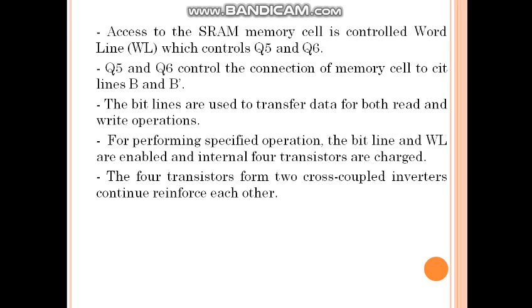The bit lines are used to transfer the data for both read and write operations. For performing the specified operation, the bit line and the WL are to be enabled. The 4 transistors form two cross-coupled inverters, which continuously reinforce each other.